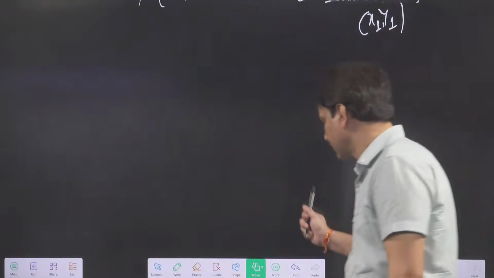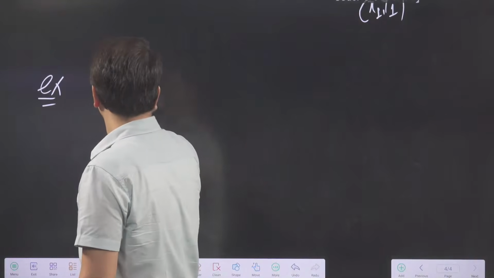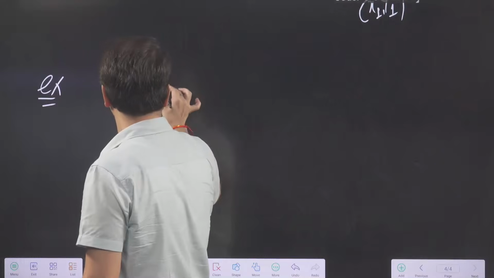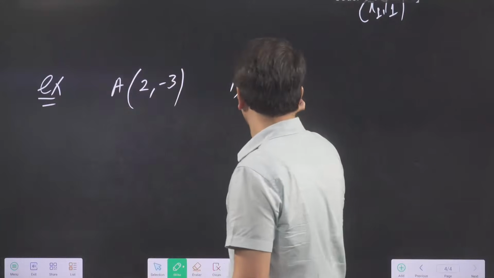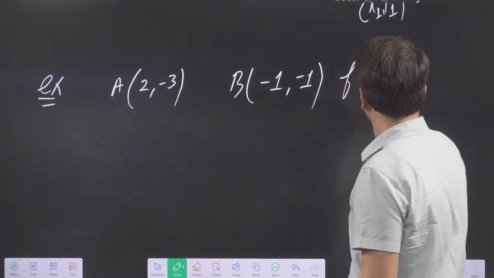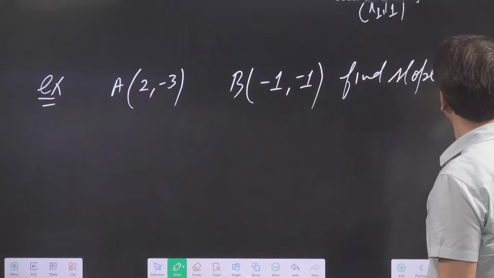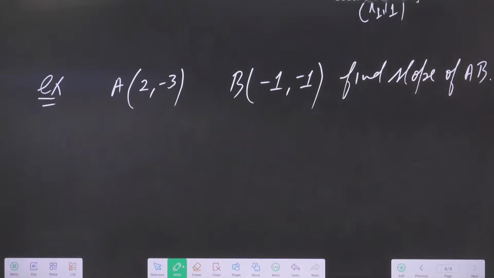Okay, a small example also you can do. Tell fast. If the 2 points I gave are A 2 comma minus 3 and B minus 1 comma minus 1, then find the slope of the line AB. Tell fast. What is the answer?